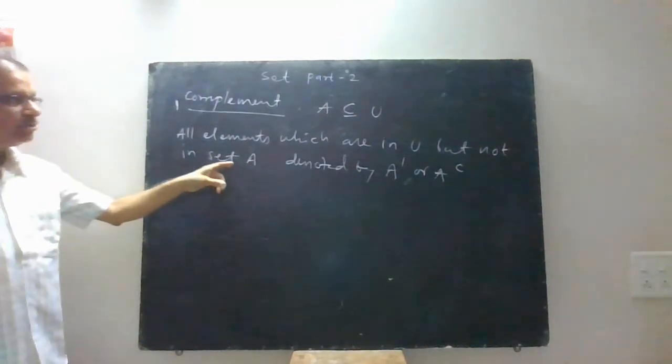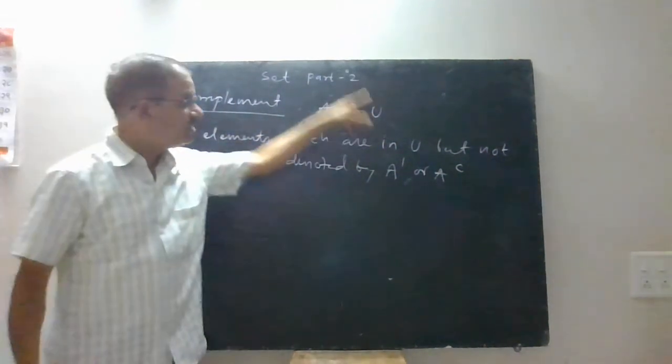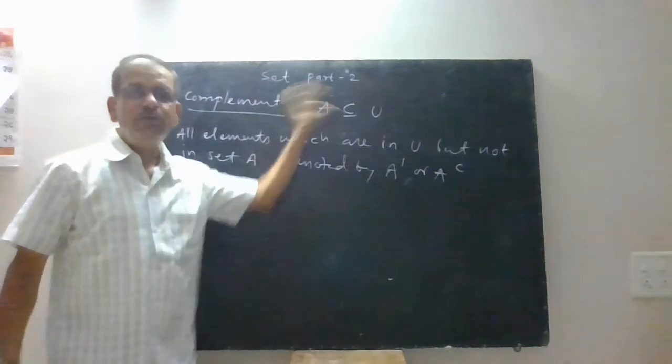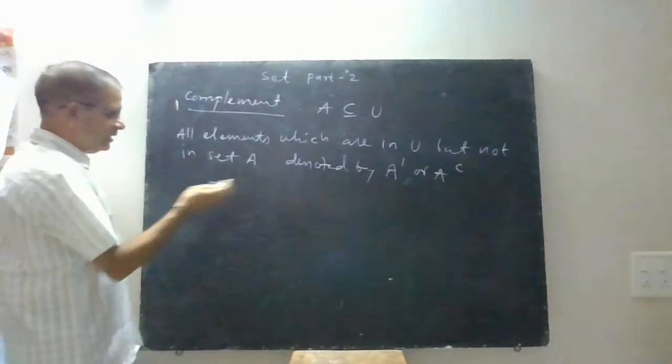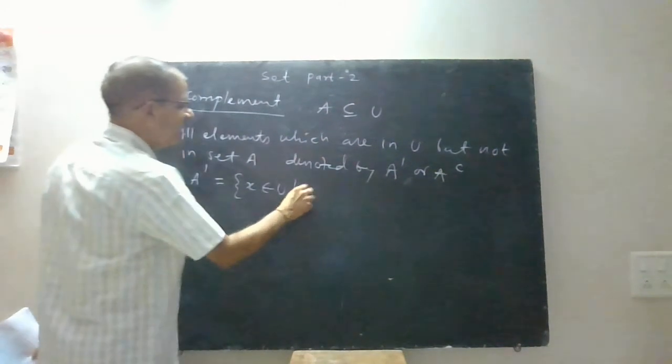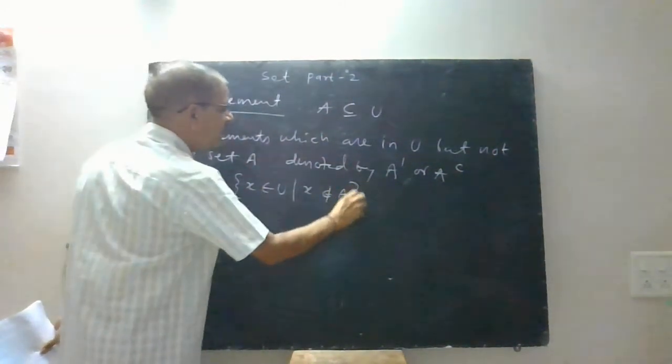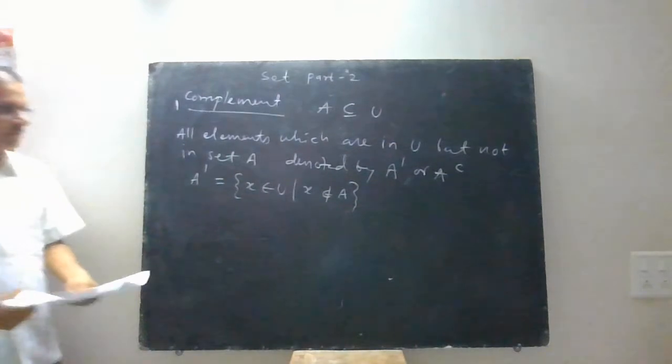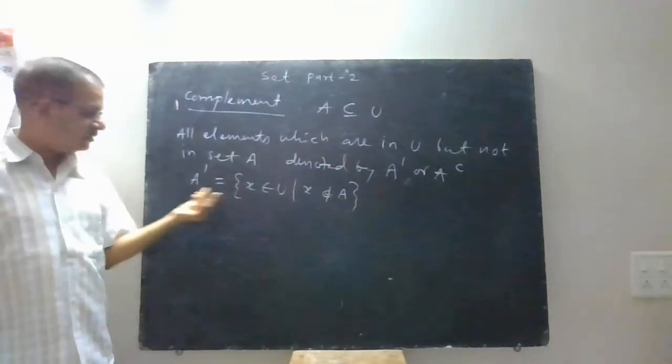Which elements do you have to take? Elements in set U which are not in A, excluding elements of A. In short, it can be written as all elements in U such that they are not elements of set A. So this is how we can write the complement of a set in short.